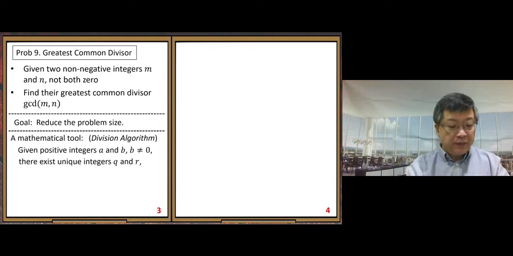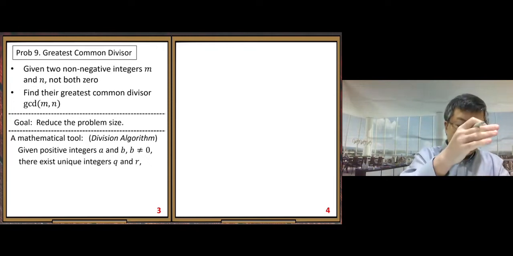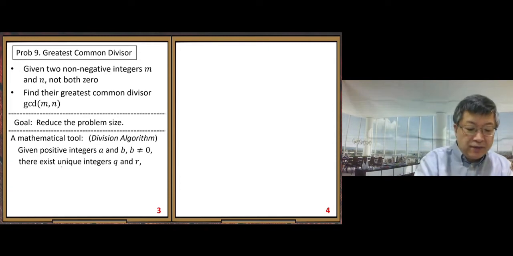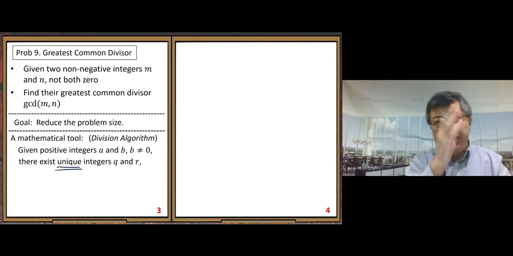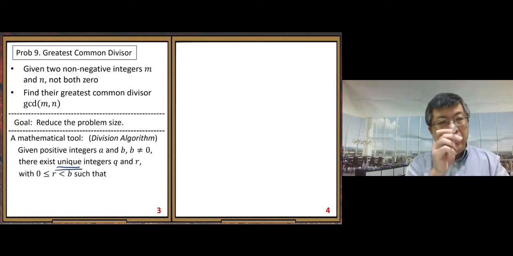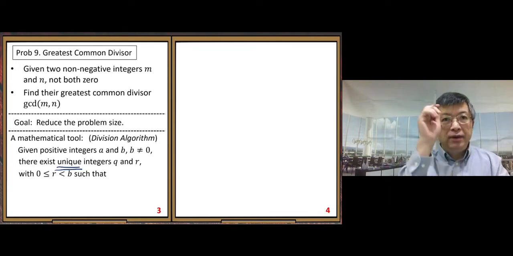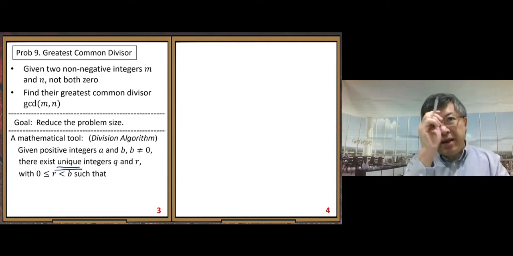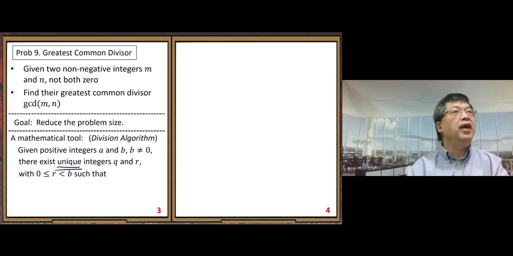There exist unique integers q and r. Unique, that's pretty important. You can only find one pair of integers q and r, with r between 0 inclusive and less than b: greater than or equal to 0, but strictly less than b.